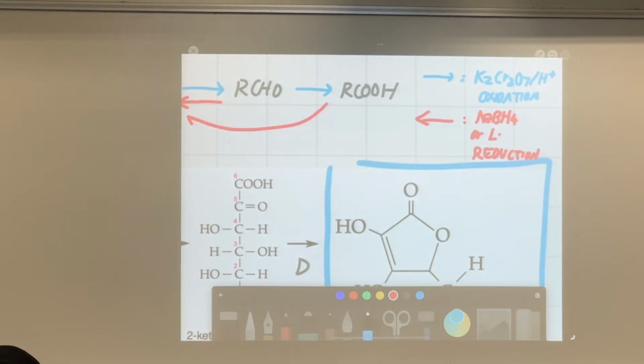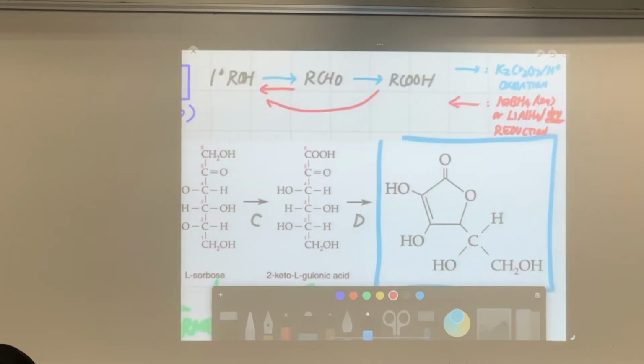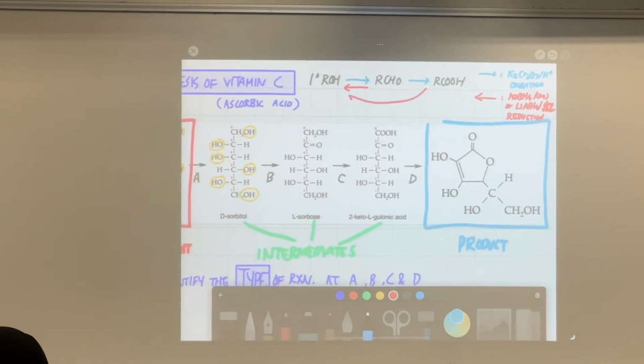What about LiAlH4? What must it be used with? Dry ether, because it will explode in water. So you can use aqueous conditions for NaBH4, and you must use dry ether with LiAlH4, but they help you go backward. That's why I compare it to a train station. You can go forward or you can move backward, depending on where you want to go.